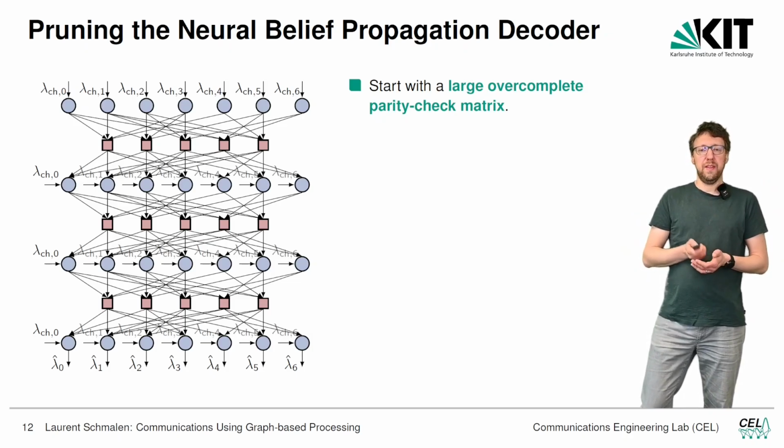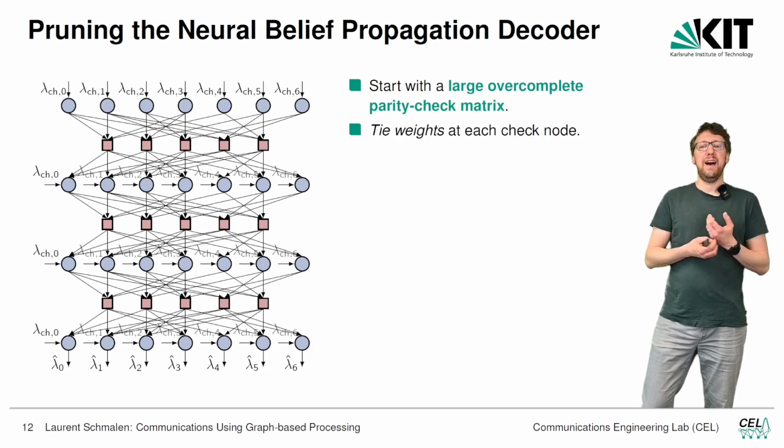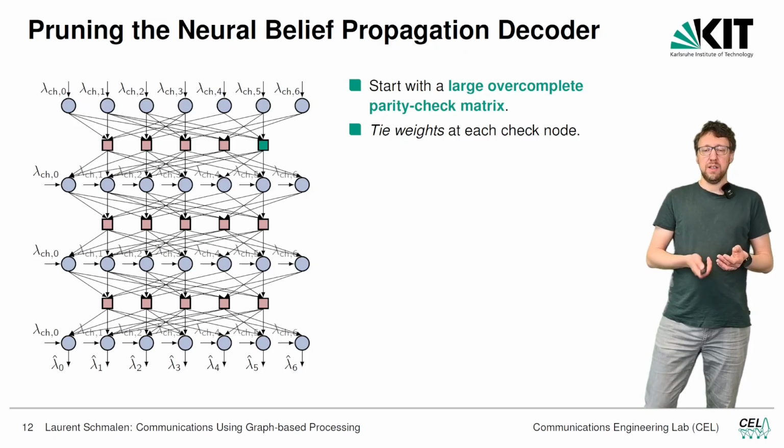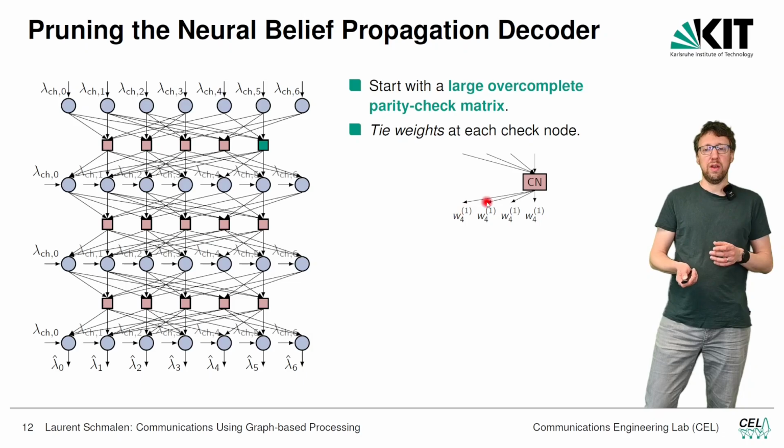So what do we do now? The next step is we tie the weights at each check node. What does that mean? If we look at the check node, we see that the outgoing messages that are computed by this node are multiplied by weights. For each message going into some variable node, it is multiplied by a weight.